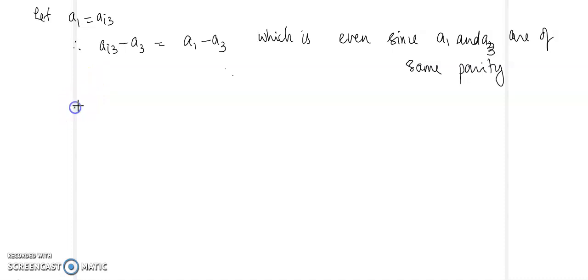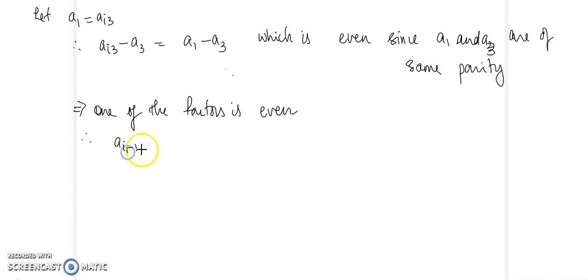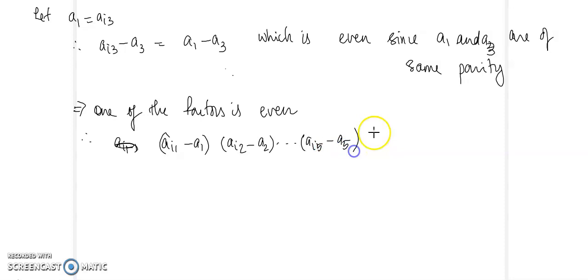So that implies one of the factors is even. So therefore (ai1 minus a1)(ai2 minus a2) and so on up to (ai5 minus a5) is always even. So that is the required proof.